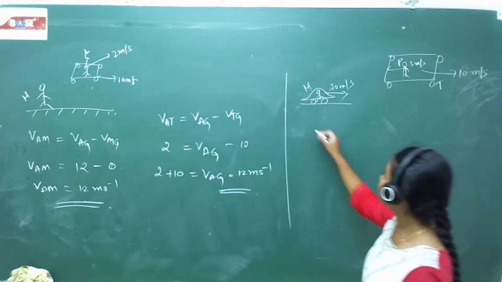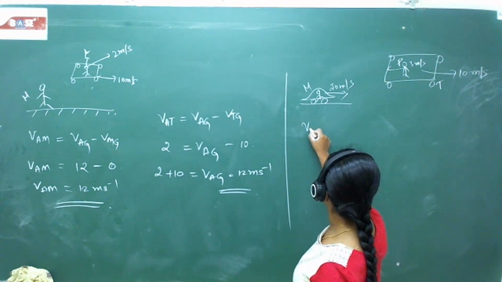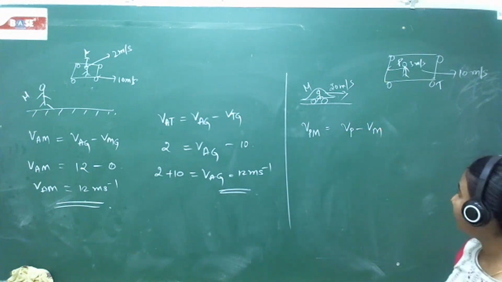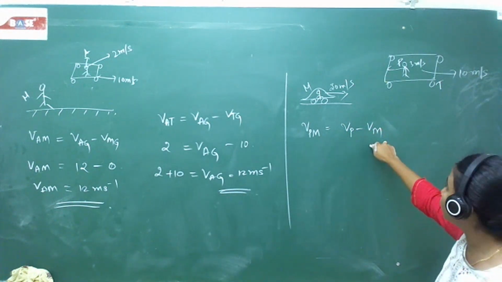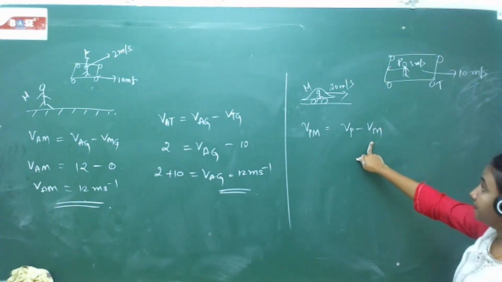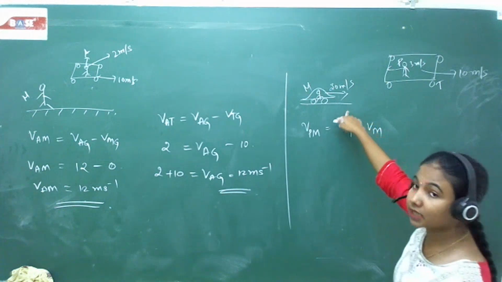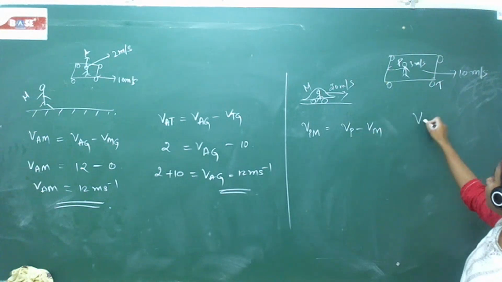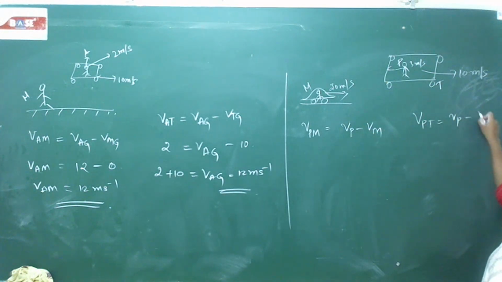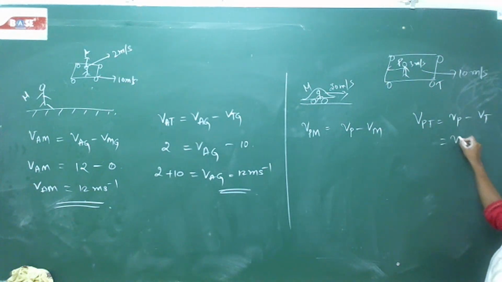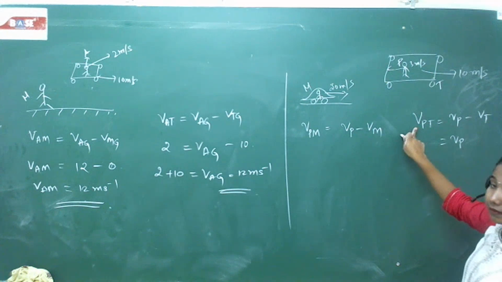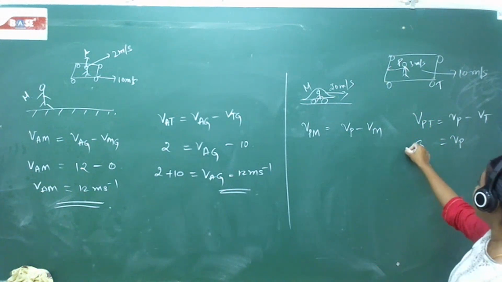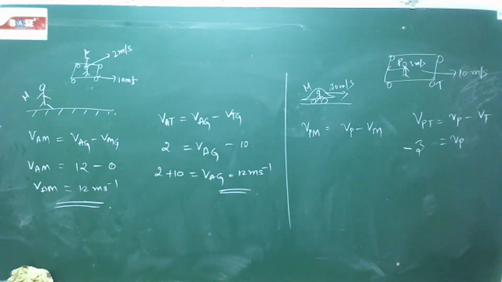The person is moving at 3 meter per second. If you want to find the velocity of P with respect to M, that is VP minus VM. This VP and VM are with respect to ground. VM with respect to ground we know that is 30 meter per second. But VP with respect to ground we don't know. But we know VP with respect to trolley, that is VP minus VT. VP with respect to trolley is 3, but it is going in the other direction, so I'll take it as minus 3.